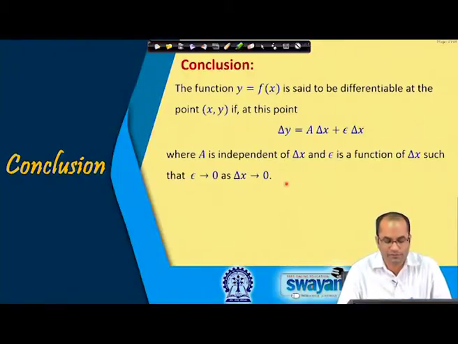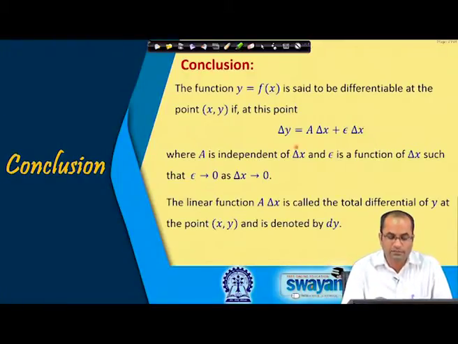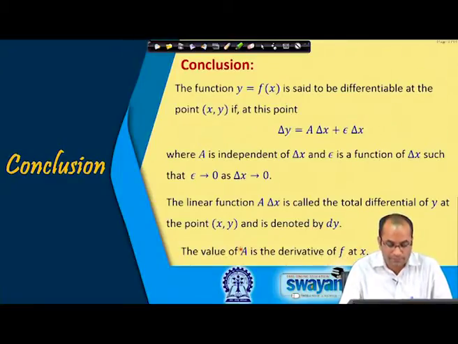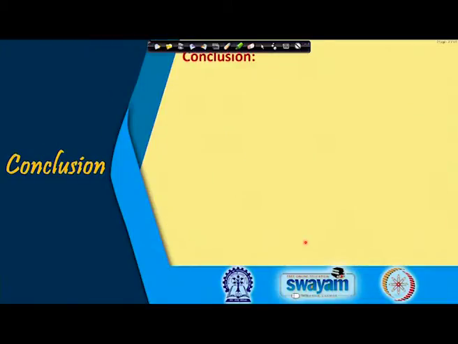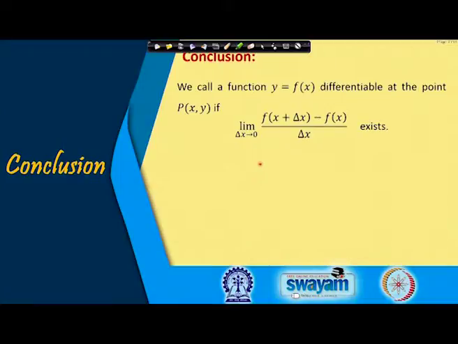This was one definition we discussed. The term a delta x is called the total differential of y at this point and is denoted by dy, and the value of a is nothing but the derivative of f at x. Again, we call a function y equal to f of x differentiable if this quotient exists, which we call the derivative, but both definitions were equivalent, as we have seen.